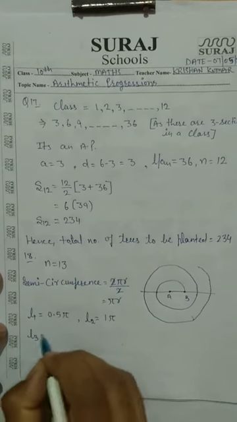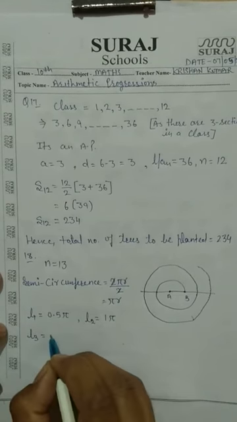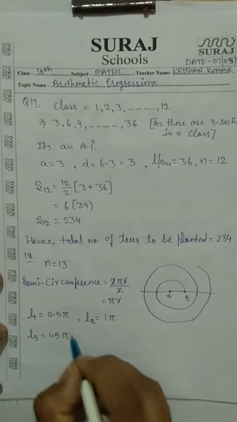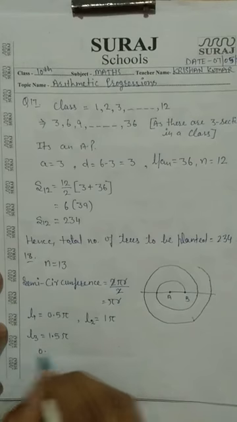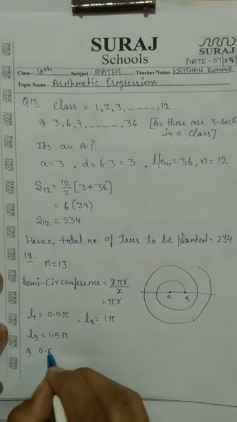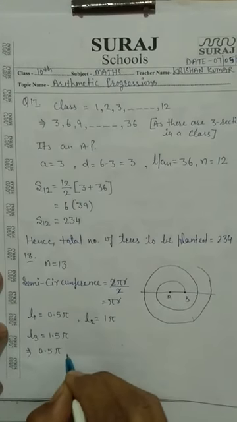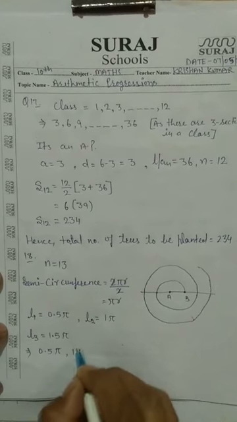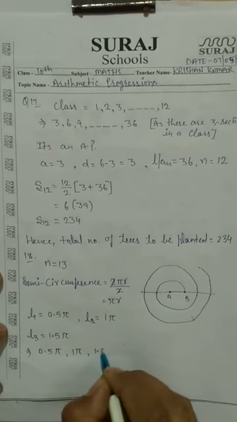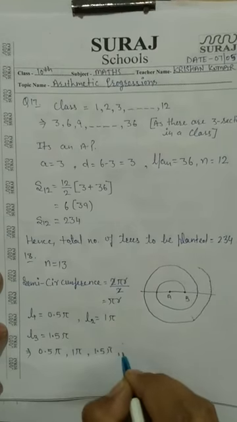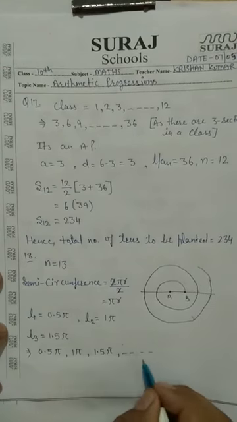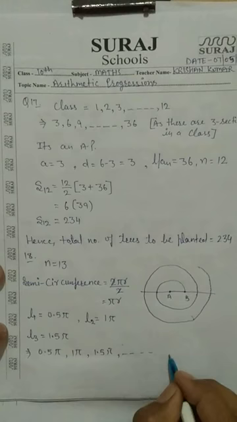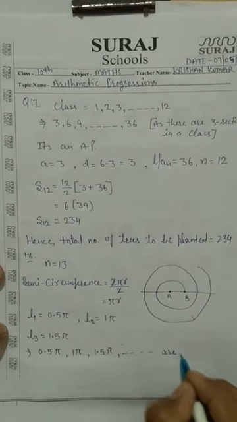L3, radius is 1.5, so 1.5 pi. And we got a series: this implies 0.5 pi, 1 pi, 1.5 pi, and so on, are in AP.